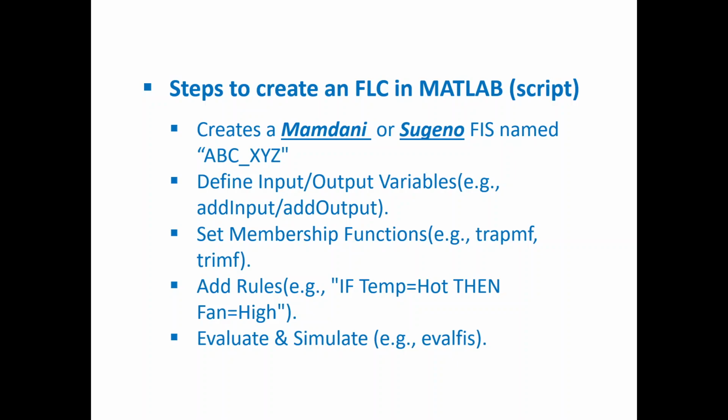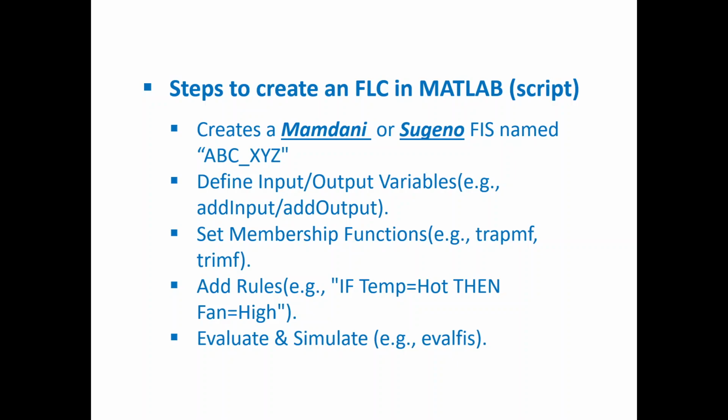The set of fuzzy sets is going to lead you to the number of trapezium and the number of triangular membership functions that you are going to use in your program.